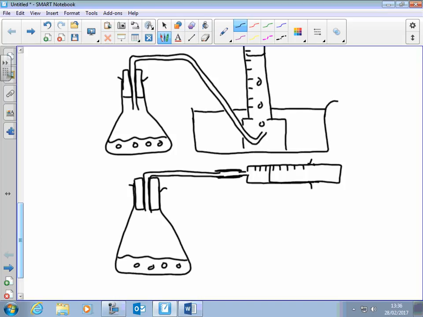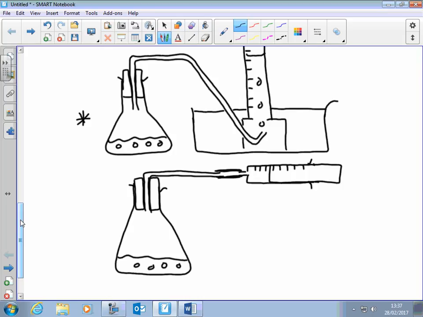So very straightforward. The one you're going to do tomorrow, you're going to use this one, that sort of technique, and compare that against. Well, you're going to look at a reaction between marble chips, which is calcium carbonate, and hydrochloric acid that produces carbon dioxide gas.